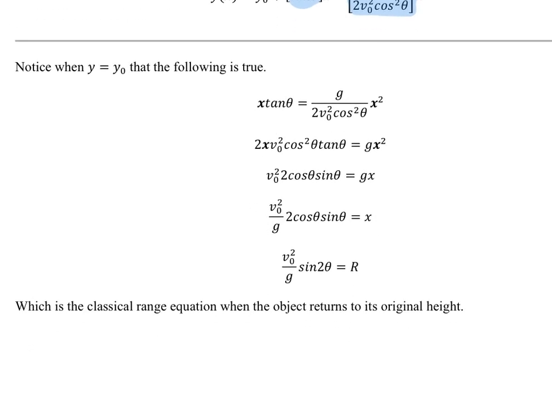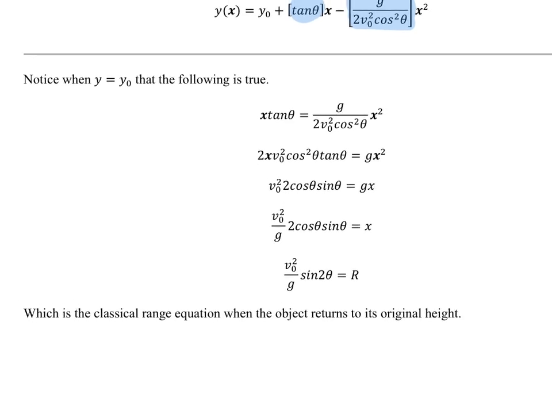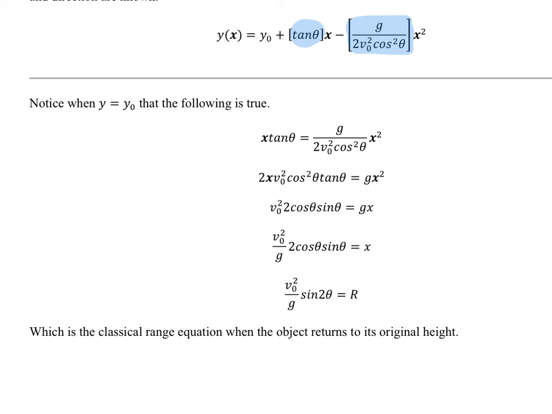And the other nice thing about this is if I take that equation and set it for when the final y height equals the initial y height, or 0, so that's if it lands at ground level.